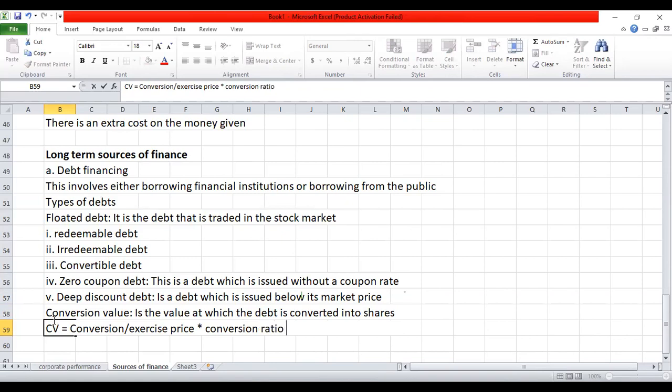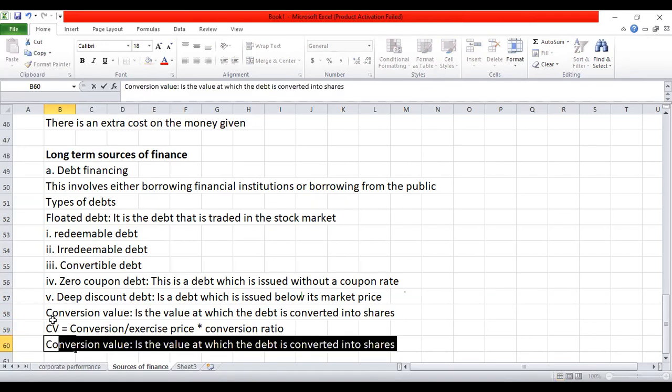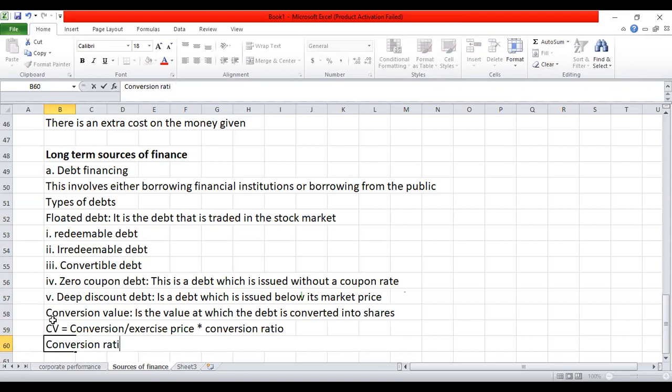The conversion ratio is the number of shares that can be converted per debenture.